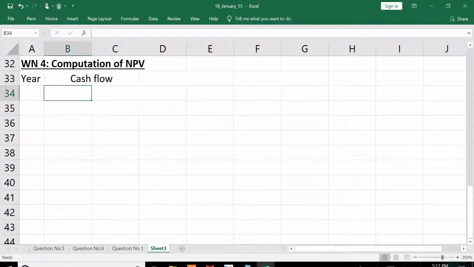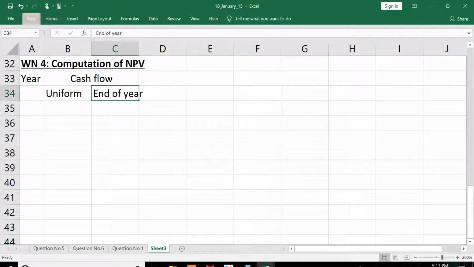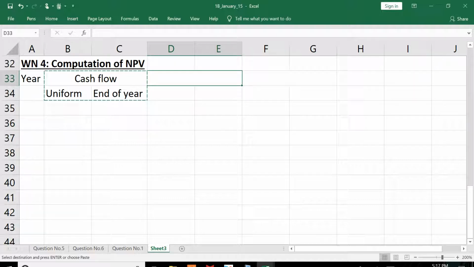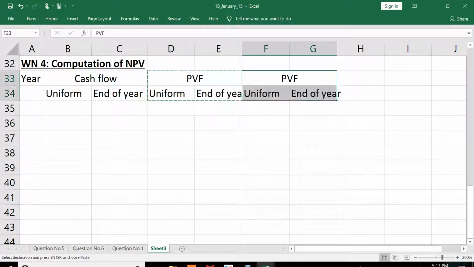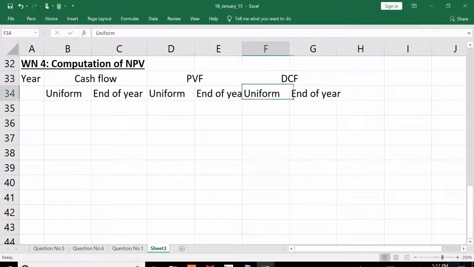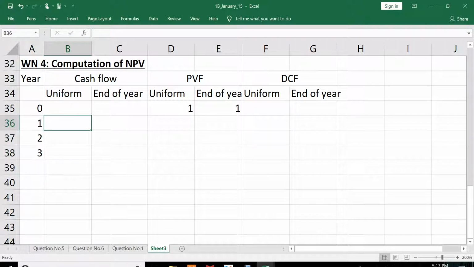Year, cash flow will be split into uniform, end of year, PVF uniform, end of year, DCF uniform, end of year. For the first year, both are one. Technically there's nothing like uniform or end of year. So you will have to distinguish the cash flow between uniform cash flow and end of year.